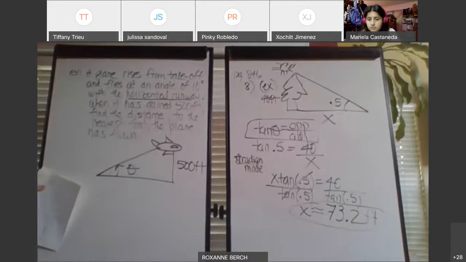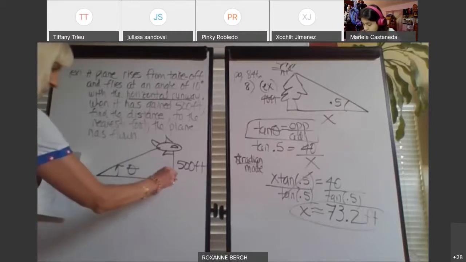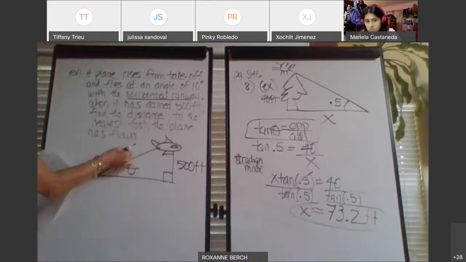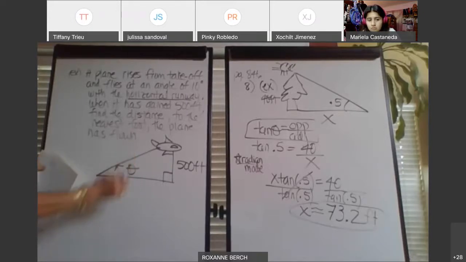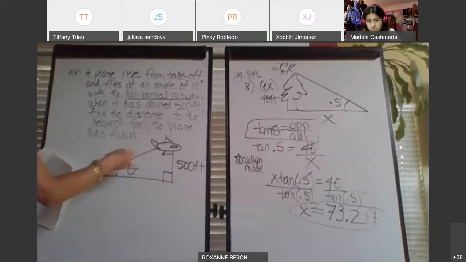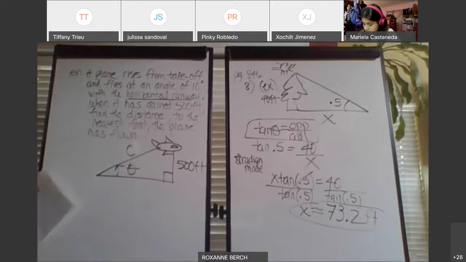Find the distance to the nearest foot the plane has flown. So that's the right angle, because you have to have a right angle. Are we talking about this, or are we talking about that? I think they're talking about this distance right here, so I'm just going to call it C. If you put your finger on the angle, what are they giving you?